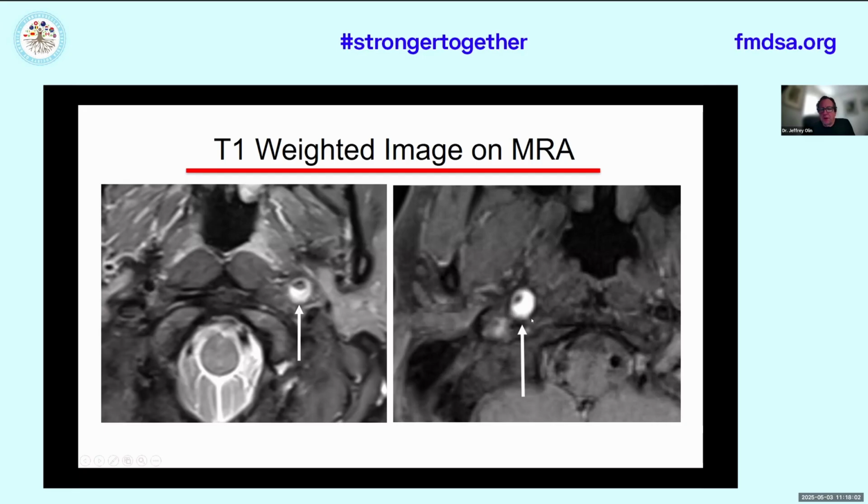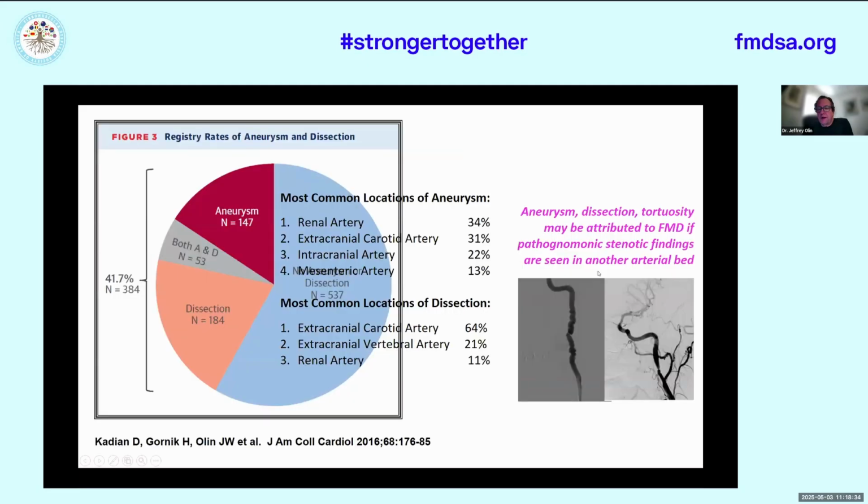This is an intramural hematoma, and the blood is flowing through this little black hole. So the artery is severely narrowed. You don't see a tear in the artery, but this is the same thing as a dissection of an artery. An intramural hematoma can cause the same problems. If you did not do T1 weighted images, you would only see this little narrow spot.